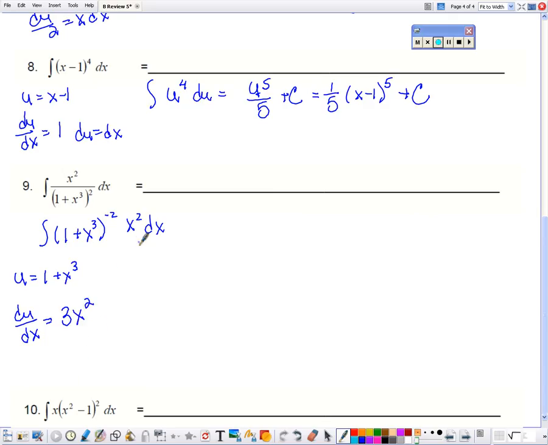Well, I have an x squared dx here. So once I multiply the dx to this side, if I divide by 3, I have the term that I need to substitute for.